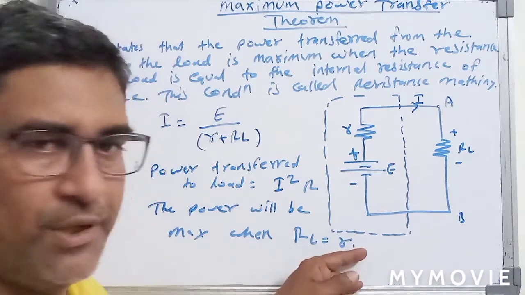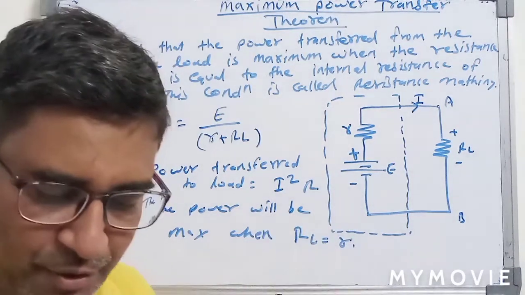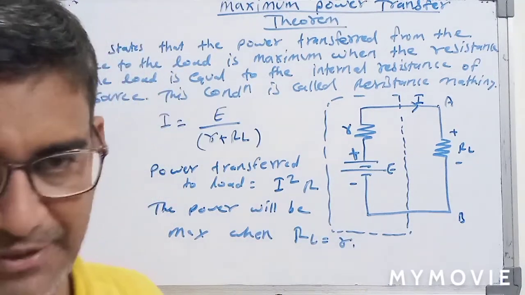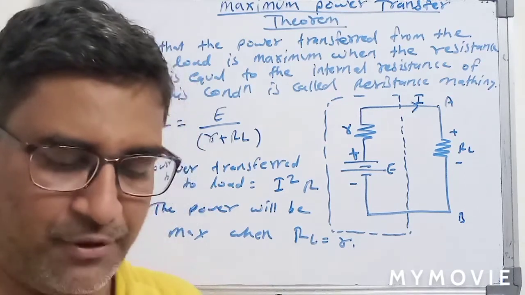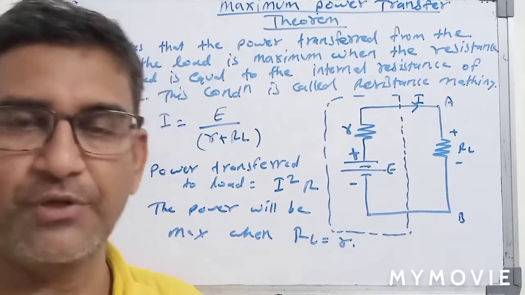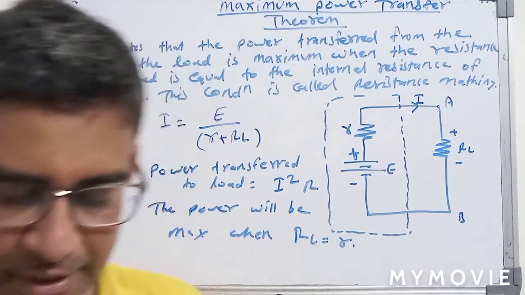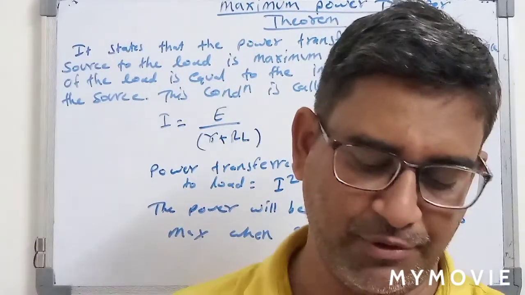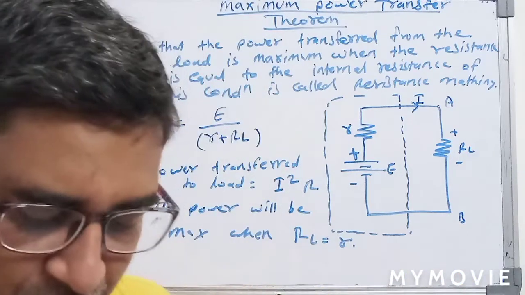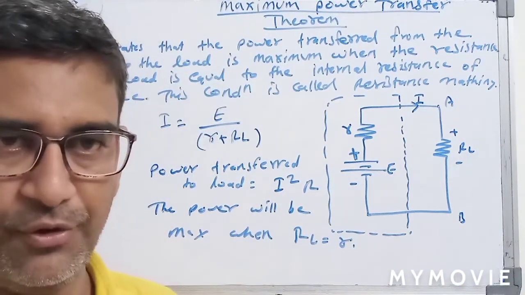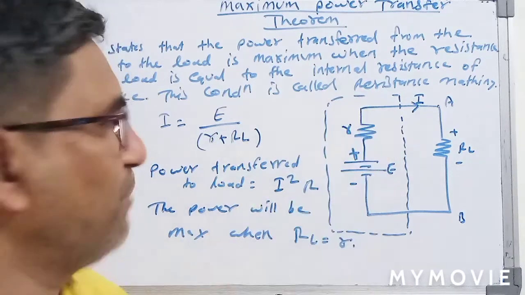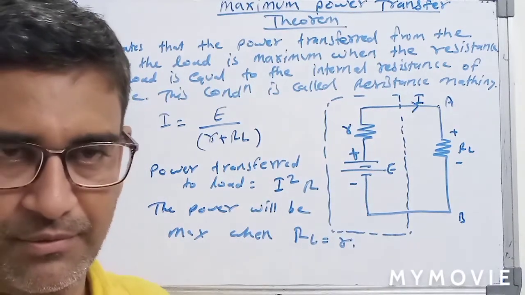This RL is equal to the small r. Due to that, you may say that resistance matching is used in communication and electronic circuits, where the source usually has a relatively high resistance and it is desired to transfer a larger amount of power from that source to the load. So it gives you the maximum power transfer theorem.